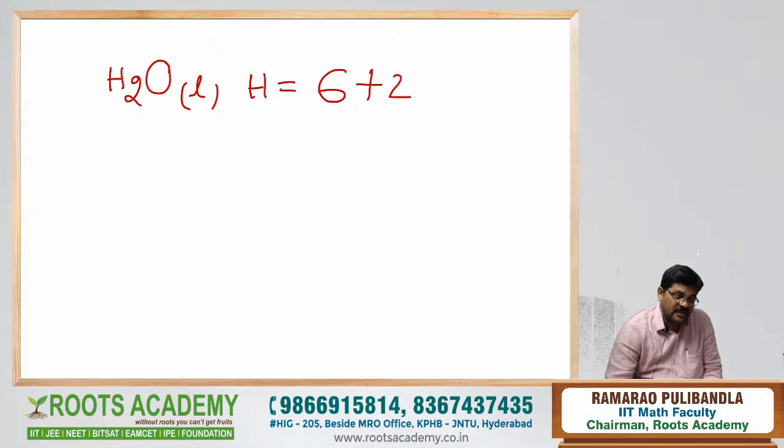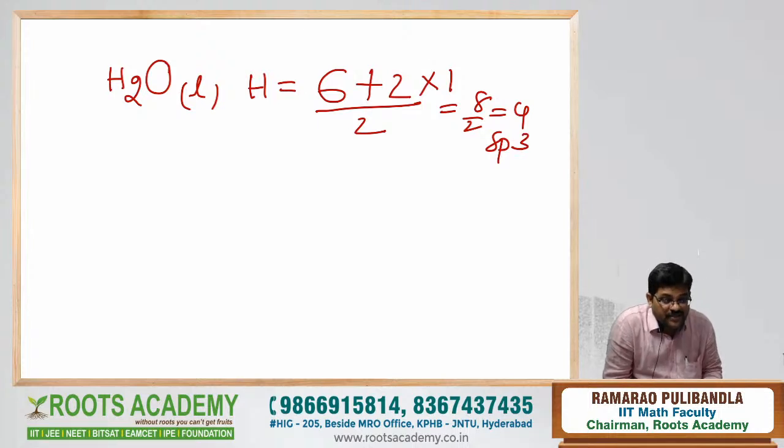Here, how many hydrogens are there? Two hydrogens, 2 into 1, because hydrogen always forms a single bond, because it is in group 1A. That means 6 plus 2 by 2, 8 by 2, which is 4. 4 means the hybridization is sp3.